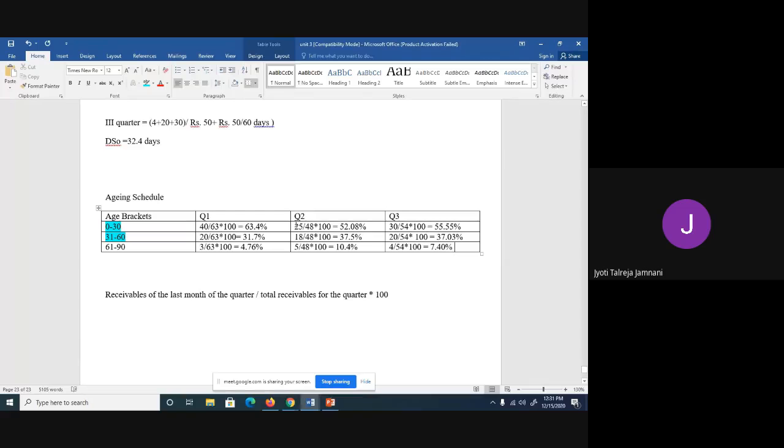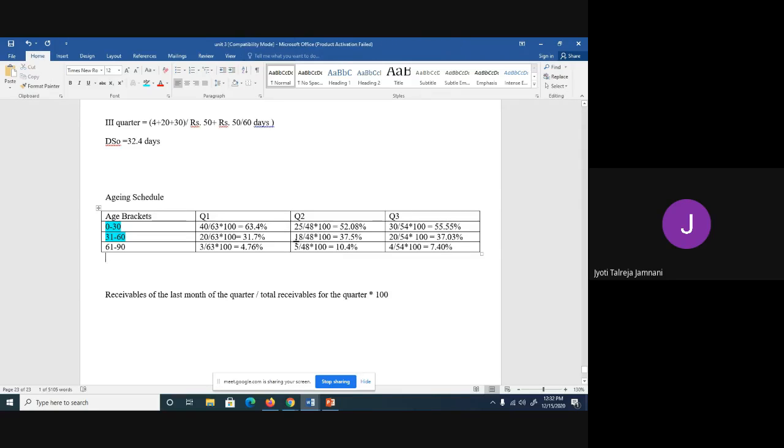So this is how the aging schedule is determined. If you see what I'm trying to say here, in the 0 to 30 days bracket, you are able to collect 63% of sales in the first quarter, 52% in the second quarter, and 55% in the third quarter. Whereas from 31 to 60 days in all the three quarters, around 30% of your receivables are collected. And for 61 to 90 days, it's very little: 4.76, 10.4, and 7.40 are collected.